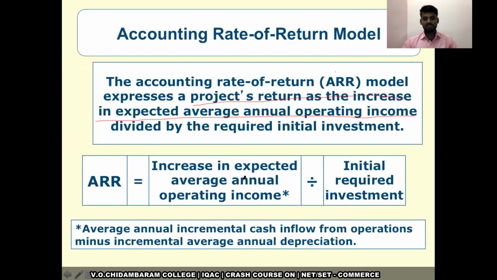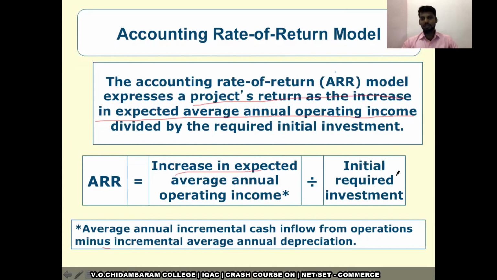The increase in expected average annual operating income means the annual incremental cash flow from operations minus depreciation. That's all, not a big thing. Annual cash flows minus depreciation is what we call the increase in expected average annual operating income.